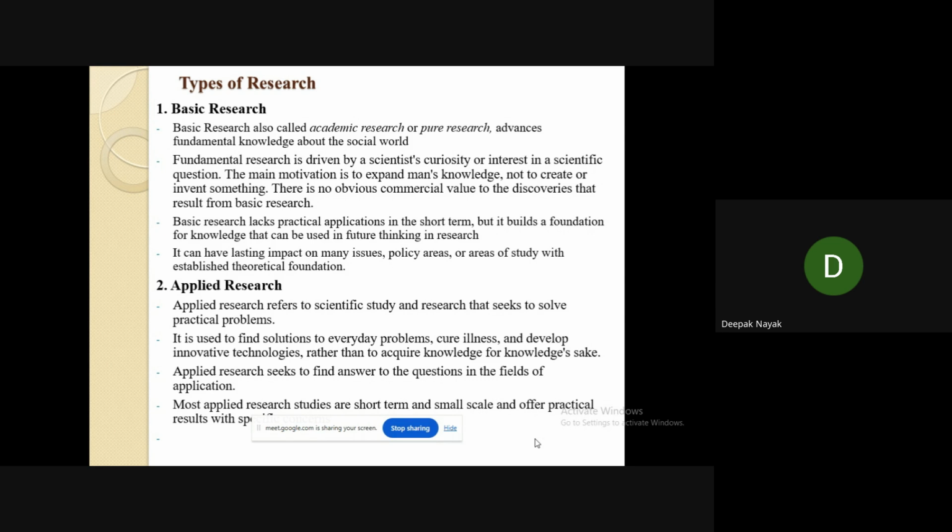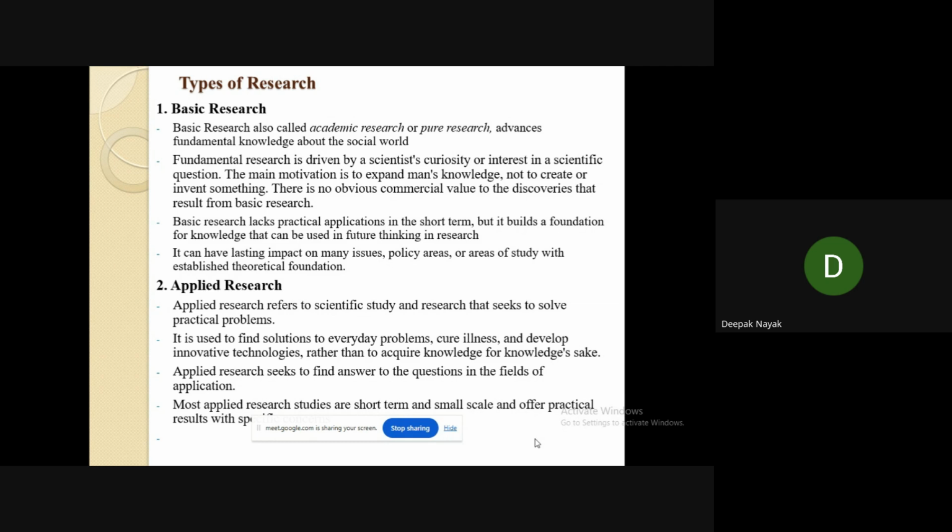Now today we are going to have a class about types of research. See, there are a number of criteria and considerations with regard to the classification of social science research.